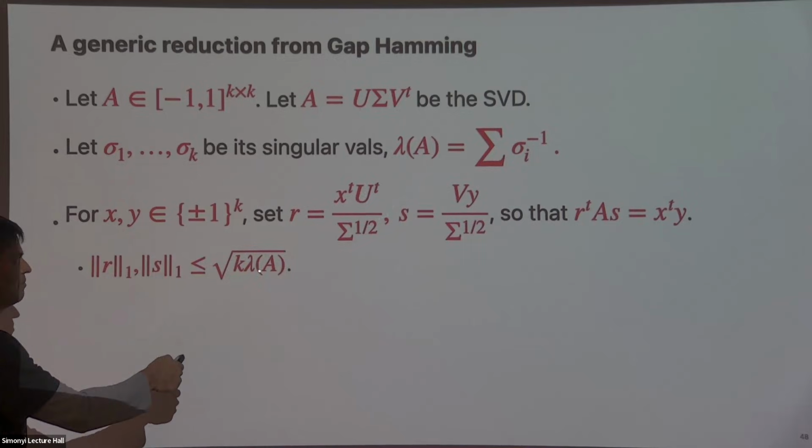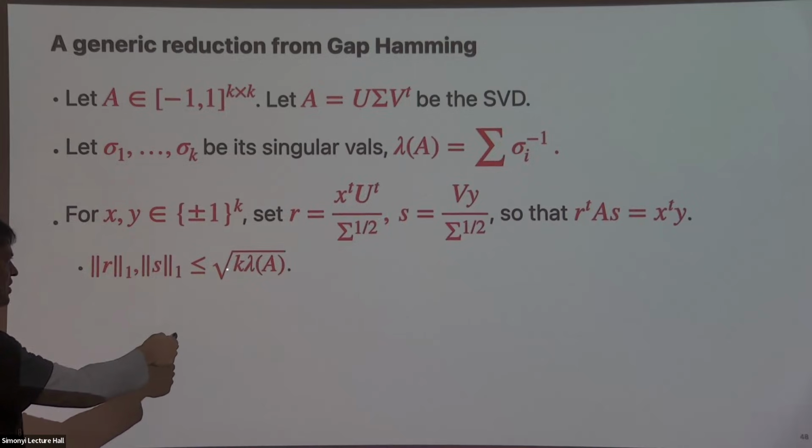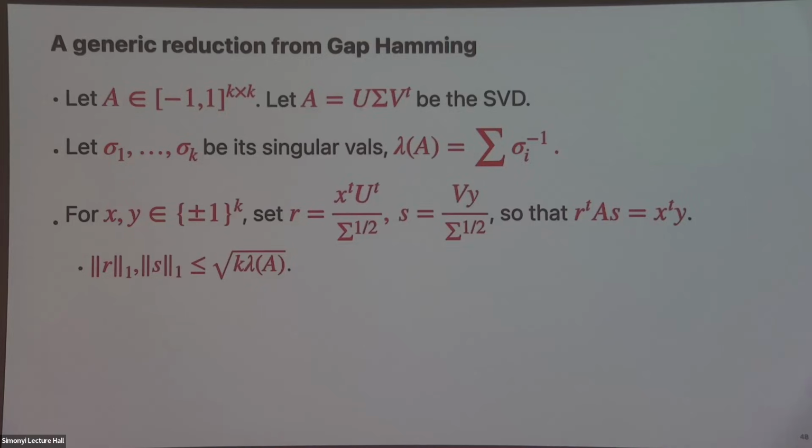So that's where this lambda A quantity comes from, right? So you get that this one norm is bounded by square root of k times lambda A. It's some calculation, and if you don't follow why this is coming, you just write it down and that's what it is, right? It's not important to understand what's going to happen next.